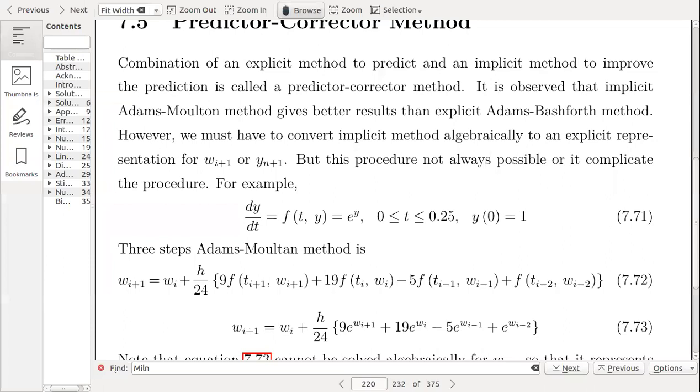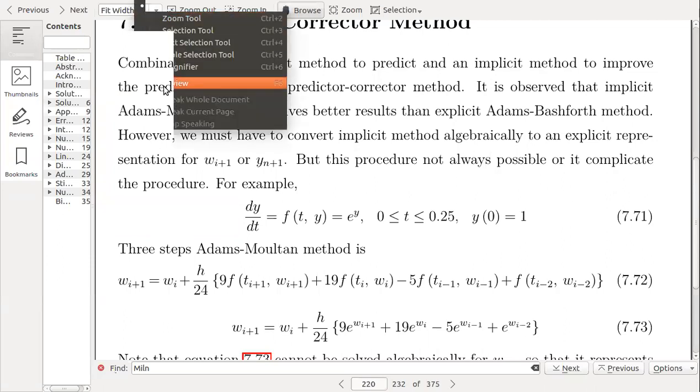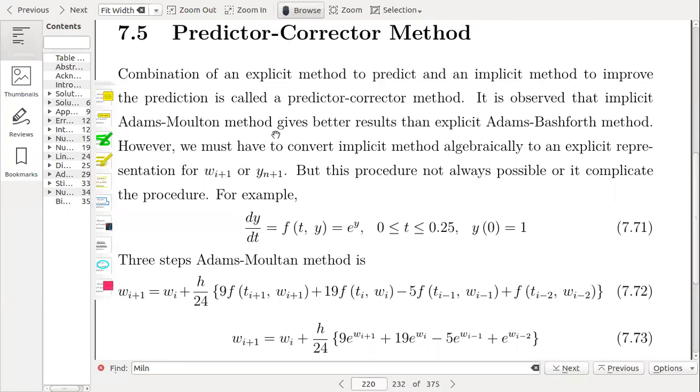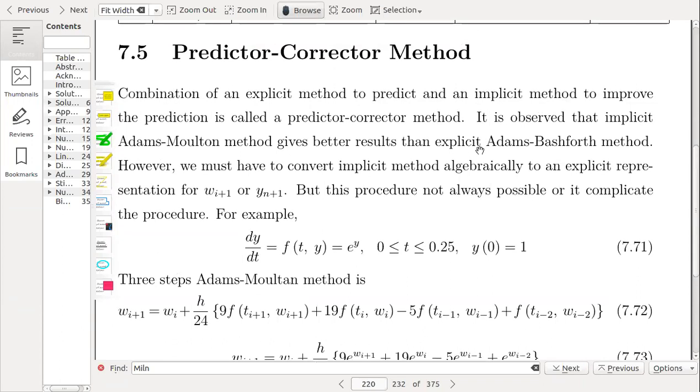This is a very important method and it helps to find solutions of ordinary differential equations. It is observed that the implicit Adams-Moulton method gives better results than the explicit Adams-Bashforth method.